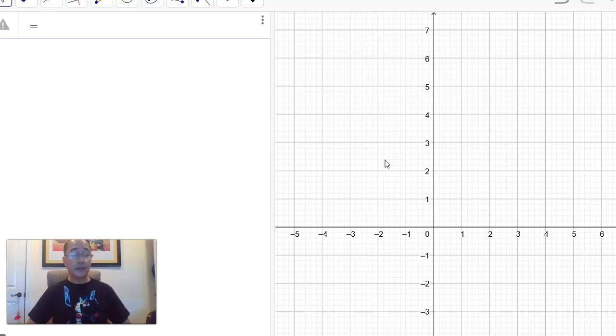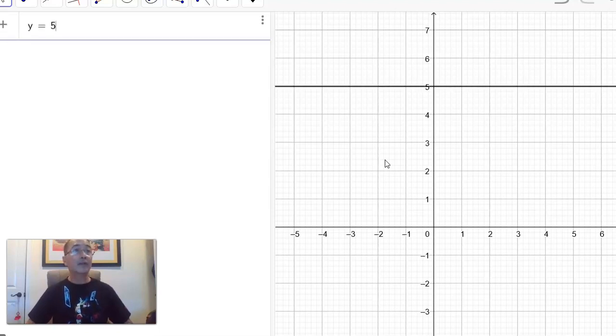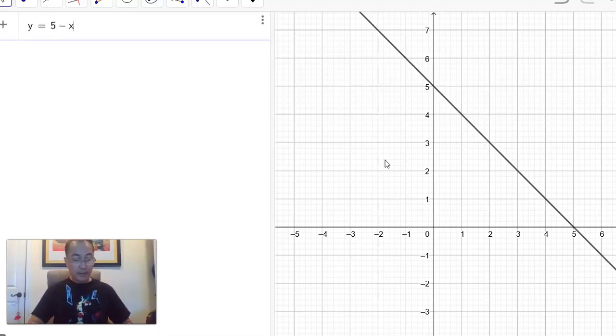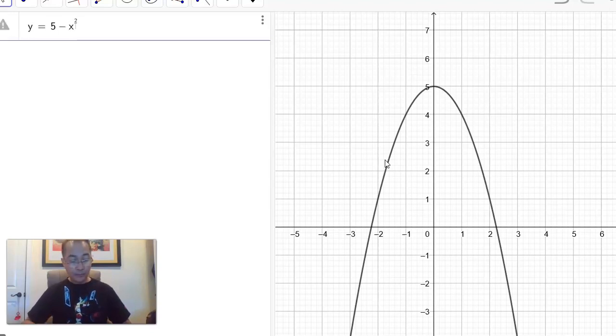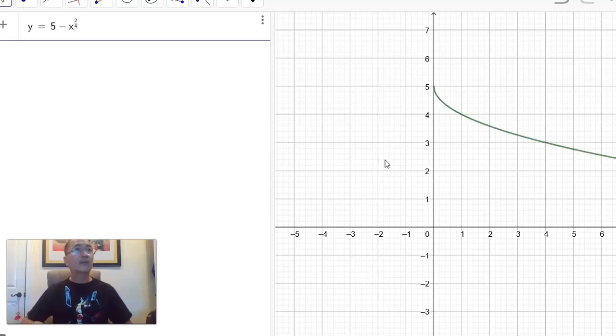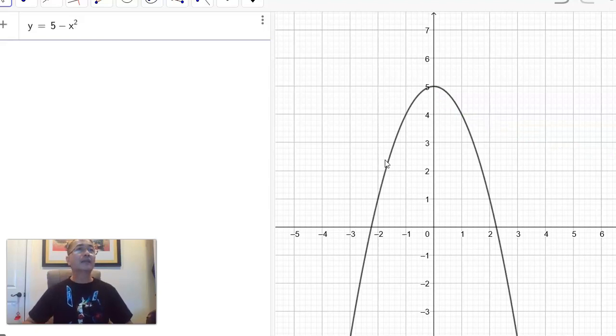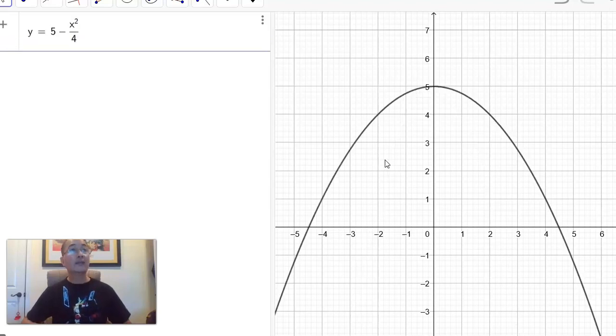We have y equals 5 minus x squared over 4. Oh, I'm sorry, this always happens to me. So x squared, and then exit the power, divided by 4.